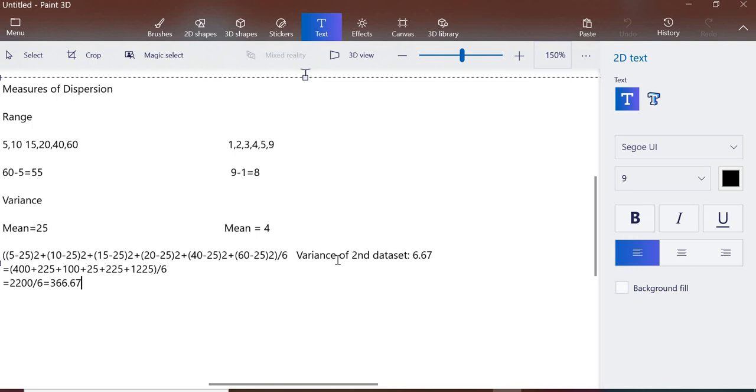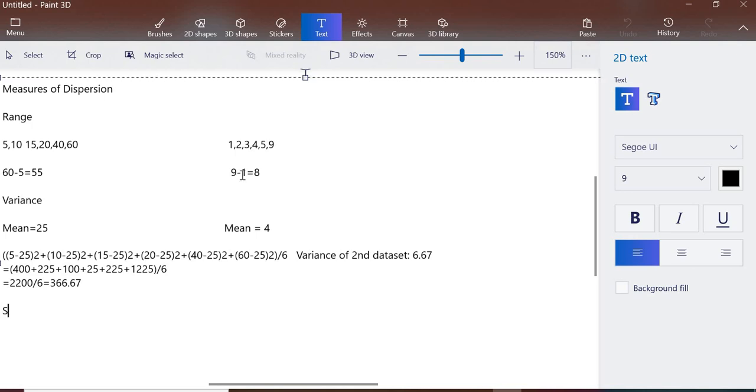But here there is one problem. The measure of dispersion in case of variance is always coming in squared. If the data set has the measure in meter or centimeter, then in case of variance we will be finding meter square or centimeter square, which is not the right way of finding the measure of dispersion. So because of that, we go ahead and find out the standard deviation.